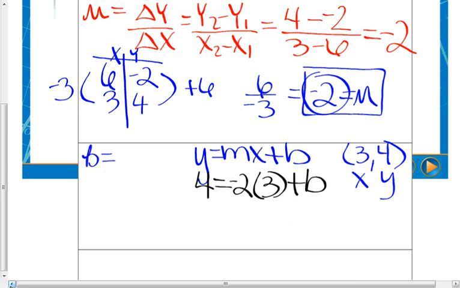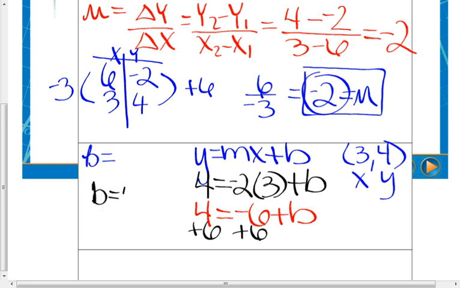Okay, again, we're just plugging in numbers. 4 equals negative 6 plus B. To solve for B, we want all the constants to the other side. Plus 6, plus 6. Therefore, B is equal to 4 plus 6, which is 10.